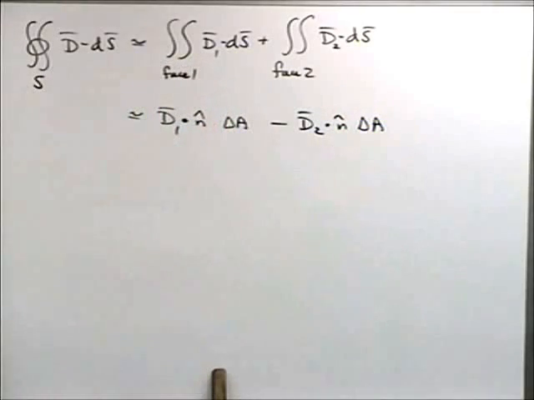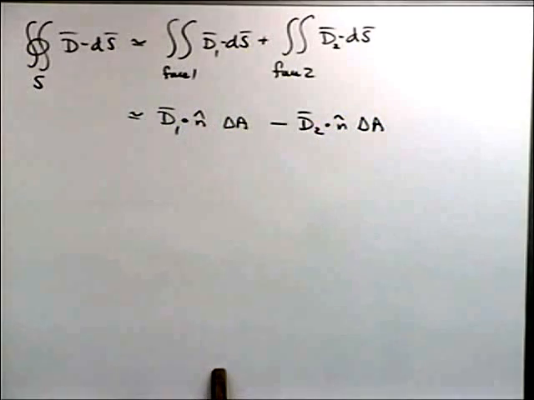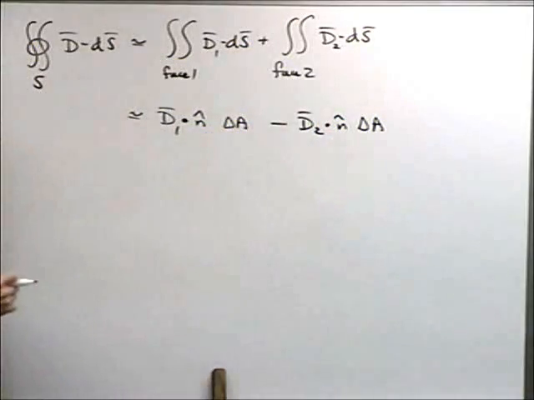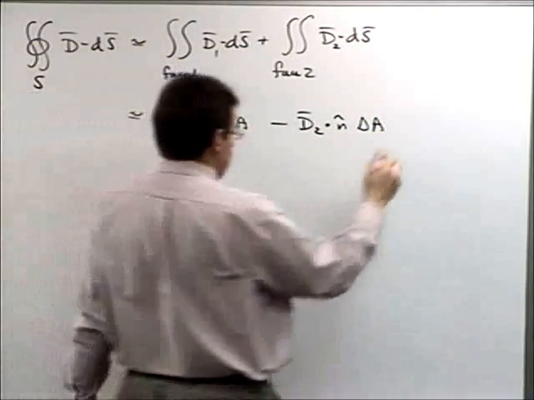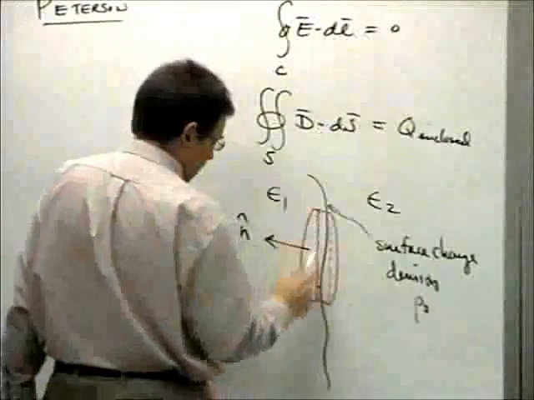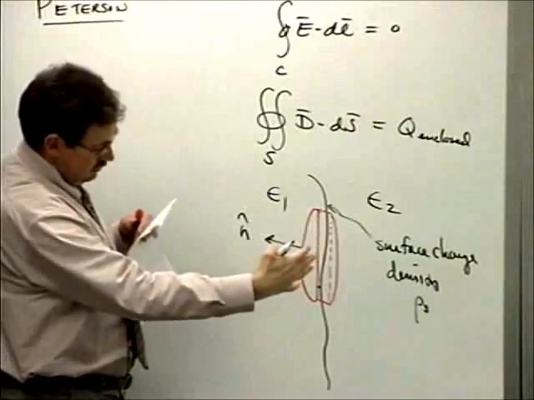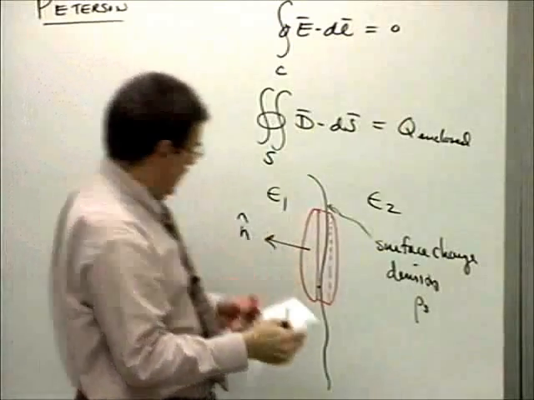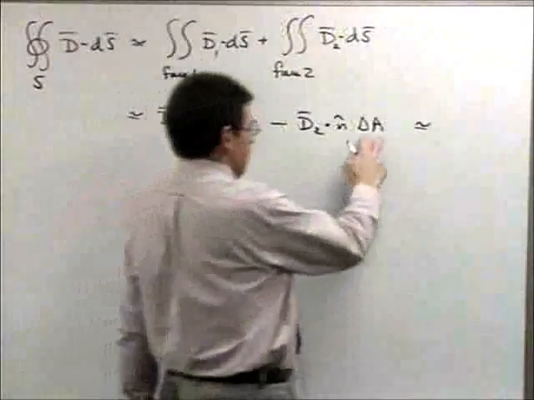So if we let this can shrink down to the interface and then let the area get small, this integral gives us approximately this. And if there's a surface charge density on here, then that stays inside as we shrink the can down. And we're going to capture exactly delta A of that.